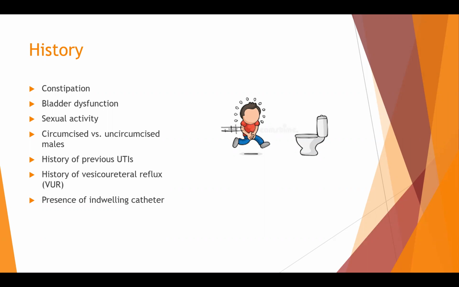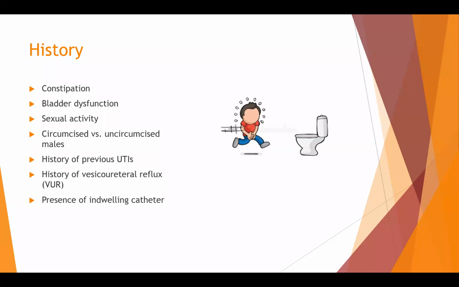Another big thing is circumcised versus uncircumcised males. The rate for uncircumcised males is about 4 to 20 times higher than for circumcised boys, whose rate is very, very low, about 0.2 to 0.4%. It's also important to ask about history of previous UTIs.